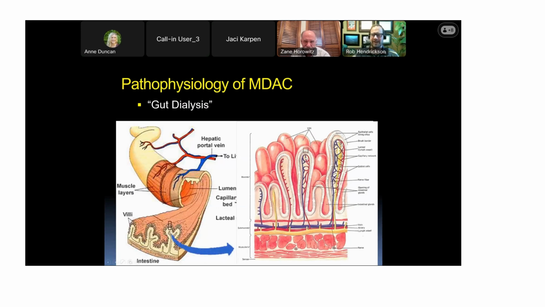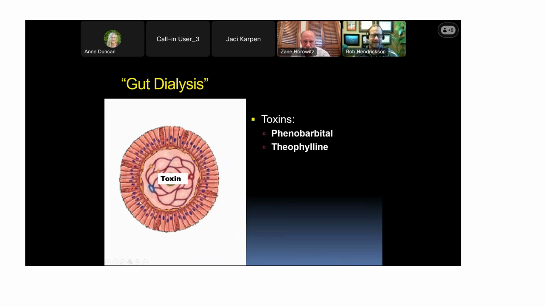And if you slice it here and take a look, what you have is a row of cells, a basement membrane, and then blood vessels. So if you have a toxin in these blood vessels, it is literally 2 cells to get to the lumen of the intestine.